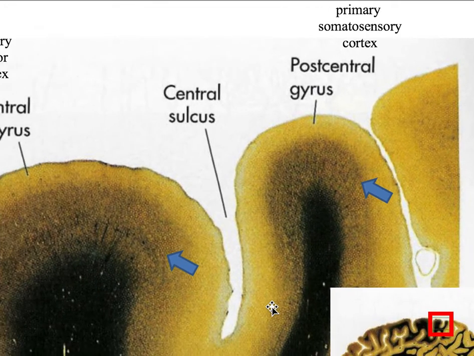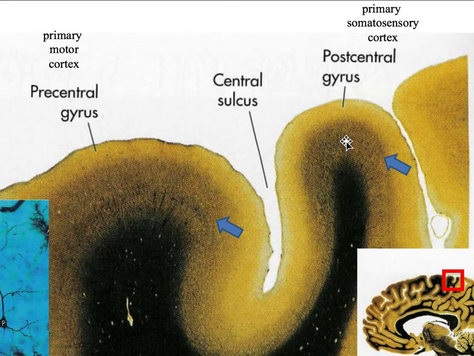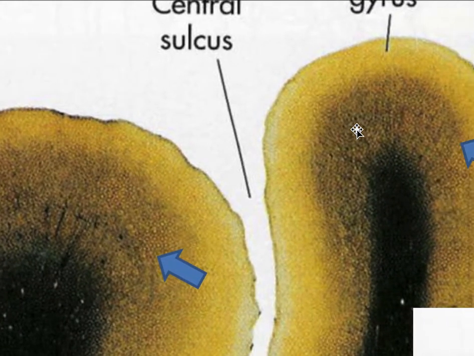And as you know from lecture 3, this post-central gyrus has Brodmann's areas 1, 2, and 3 in there. If you zoom in here, you can see some of these granular cells that are stellate types of cells. These are the ones that we typically see within the sensory cortex.